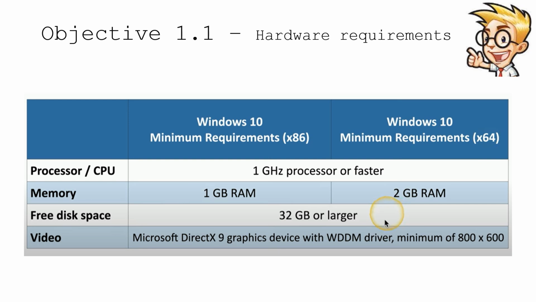So the memory of the x86 is a minimum of 1 gig and the x64 is a minimum of 2 gigs. You need to have free disk space of 32 gigabytes or more. So storage is a minimum of 32. For video, you need at least a DirectX 9 graphics device or better. Minimum display is 800 by 600 resolution.